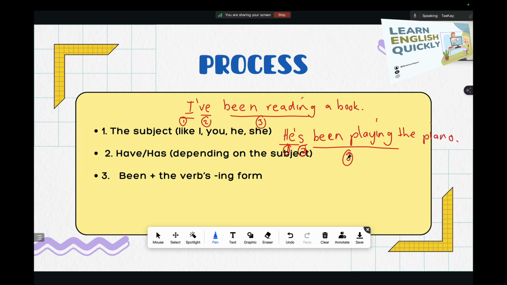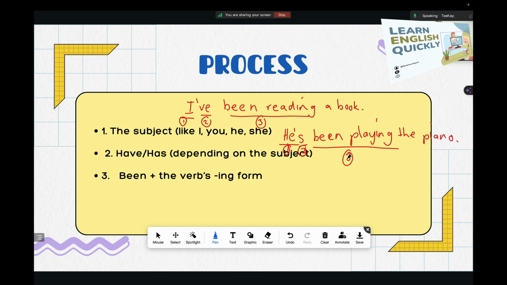So now let's practice together. I will say something in the present perfect continuous tense, and I want you to think about how long the action has been happening. So let's have a first example. He has been learning the piano for 2 years. Okay, who wants to try?